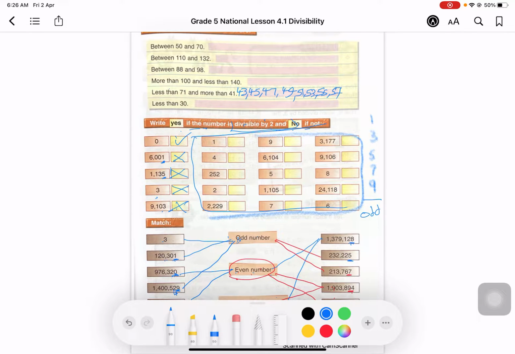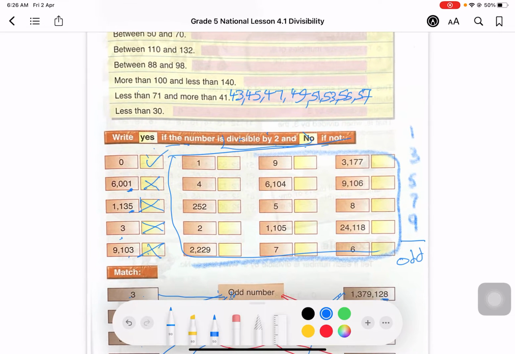Okay, what comes next after 57? 59. After 55, 57, 59.